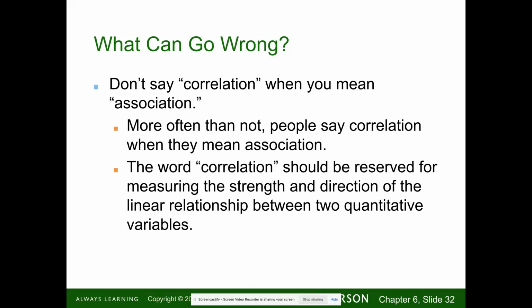The word correlation is reserved for measuring the strength and direction of a relationship between two quantitative variables. More often, though, people say correlation when they mean association. Right? Correlation is a number where we actually measure it. The correlation coefficient measures how tight of a fit the data is to the linear model.